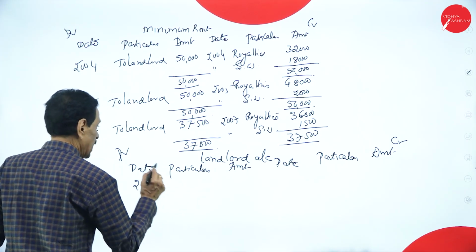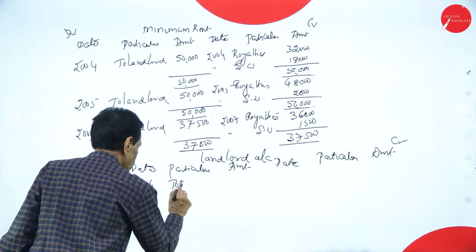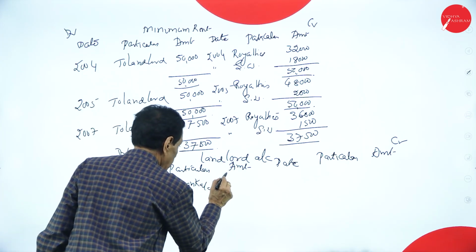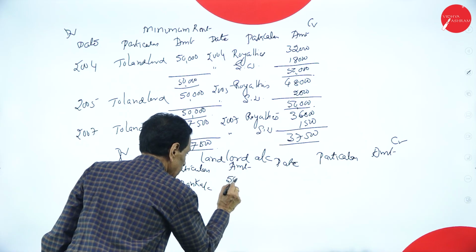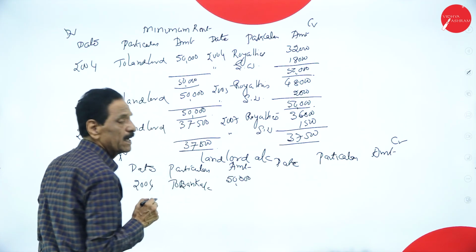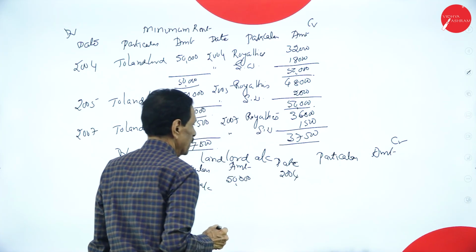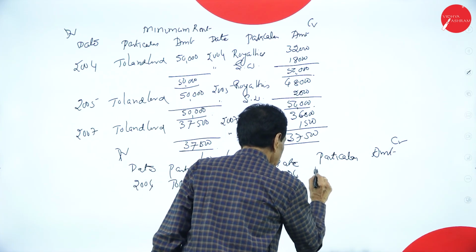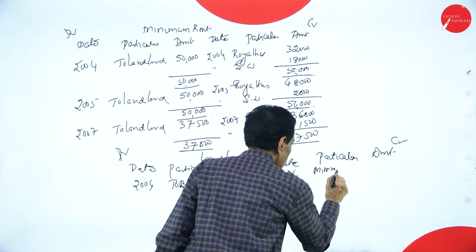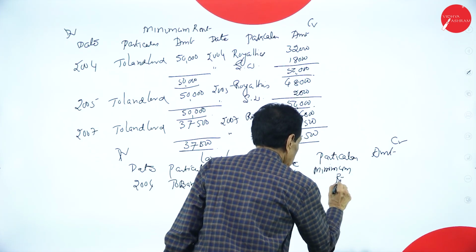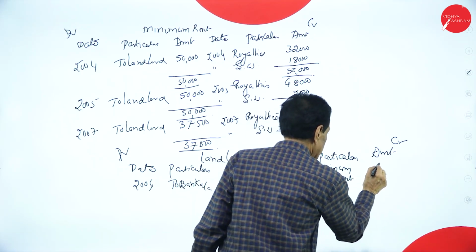Landlord to bank account. To bank account. How much did you pay? 50,000. What is that? Minimum rent. 2004 by minimum rent, 50,000.